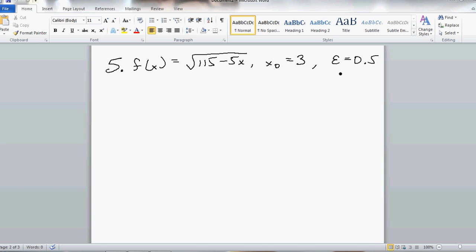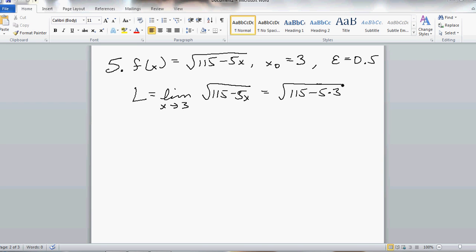First thing we need to do is find the limit. Well, the limit shouldn't be too hard. In other words, we're trying to find the limit as x approaches 3 of the square root of 115 minus 5x, which simple substitution will work here. Square root of 115 minus 5 times 3, which equals the square root of 100, which equals 10.